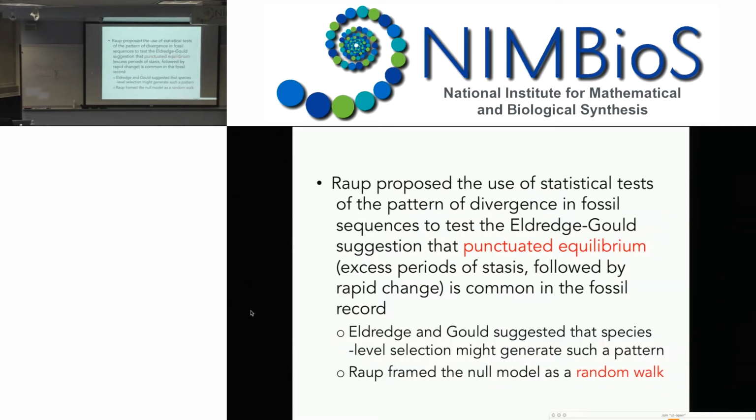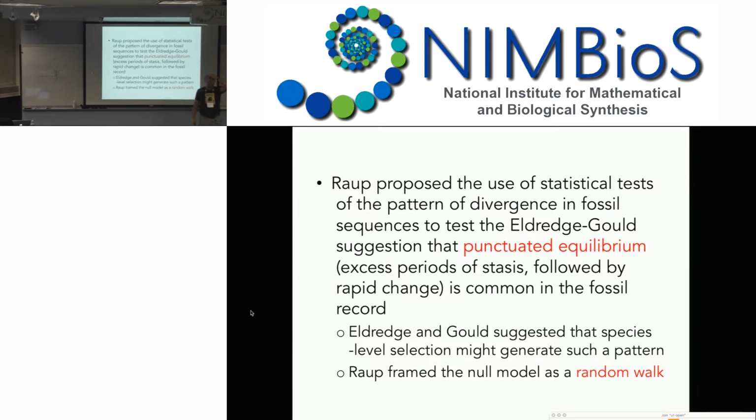In particular, around the 1980s, an idea called punctuated equilibrium, which its detractors called evolution by jerks. And the idea is, in the fossil record, they claim you have large amounts of stasis and then rapid shifts. You have an equilibrium that's punctuated. So that would be quite striking.